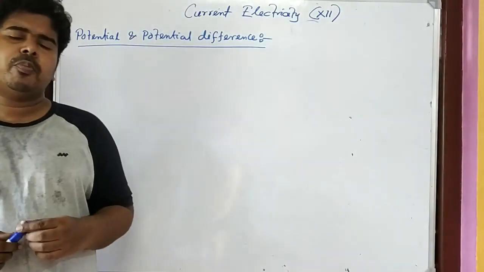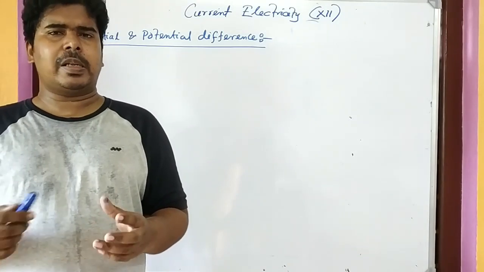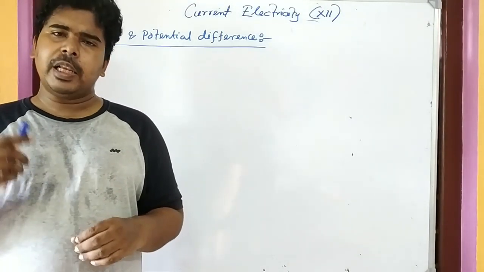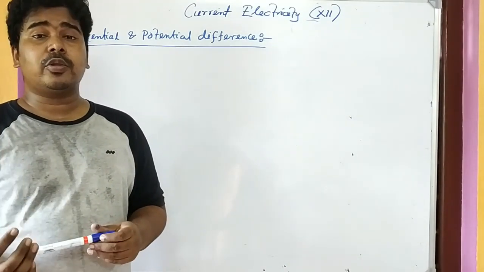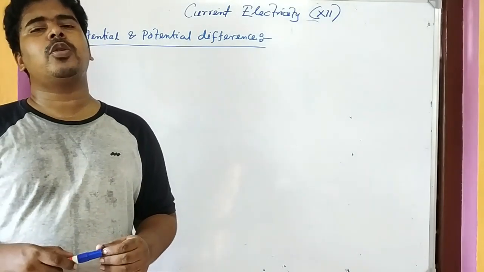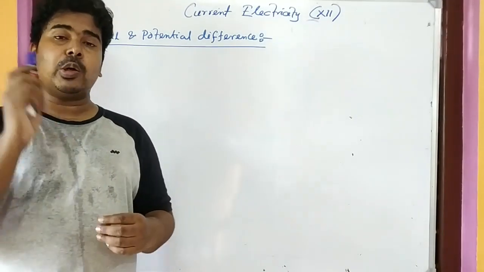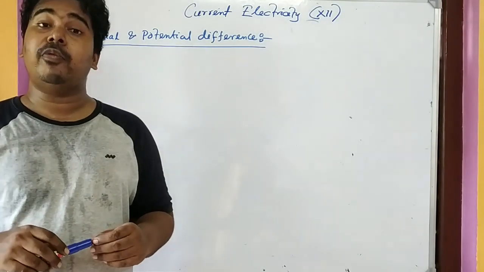Until you give a potential difference, the free electrons are not static, they are moving in haphazard directions. The direction is not particular, but to get a current, we need a particular direction of flow of electrons.